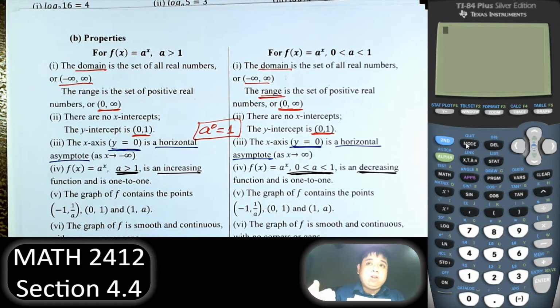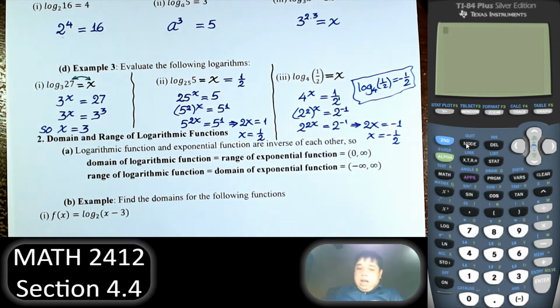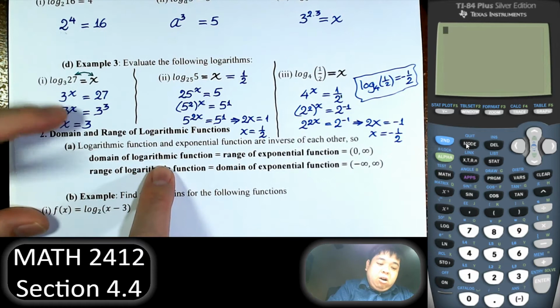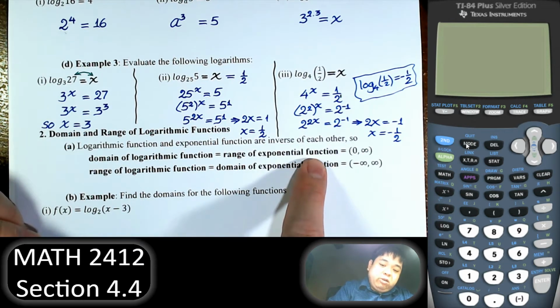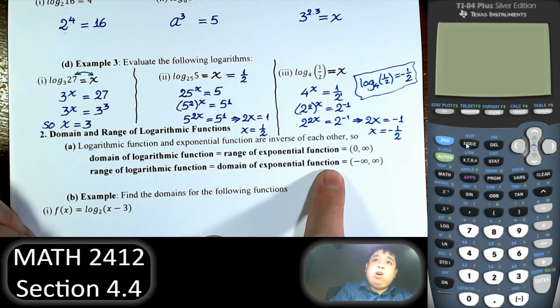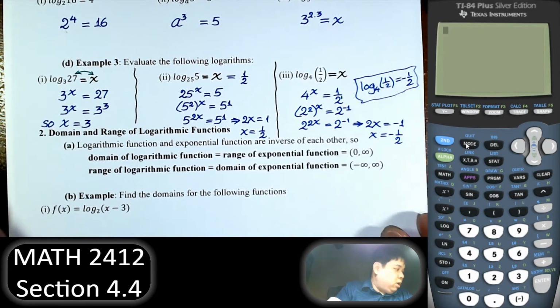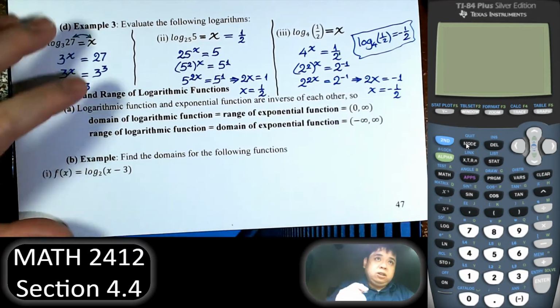The domain of the function is the range of the inverse, and the range of the function is the domain of the inverse. So the domain of the logarithmic function is the range of the exponential function, all positive numbers, and the range of the logarithmic function is the domain of the exponential function, which is all real numbers.